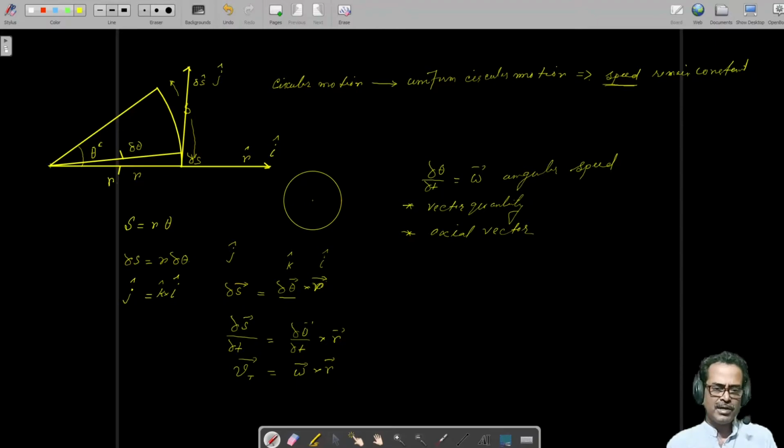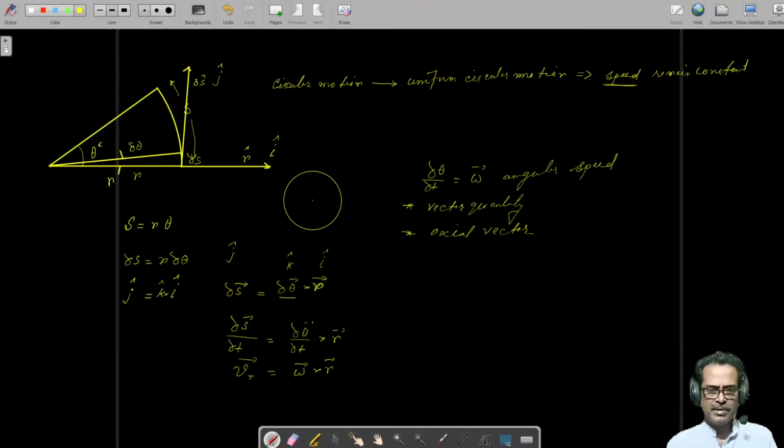Why axial vector? Because the direction of this angle is along the axis, because the plane in which the angle belongs, theta is perpendicular to that plane. Okay? Theta is perpendicular to that plane, so along the axis of the circle.